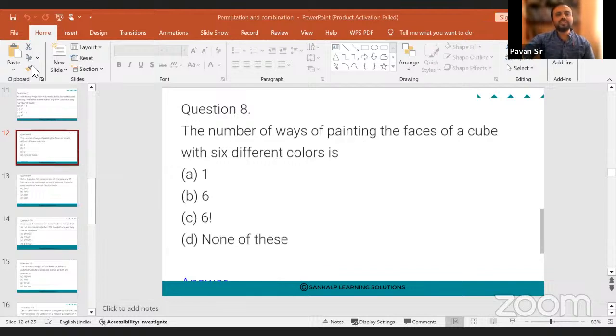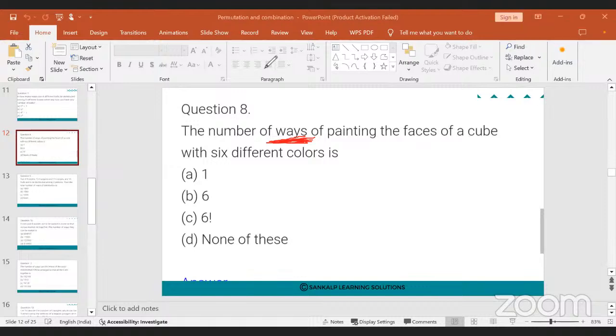The number of ways of painting the faces of a cube with 6 different colors is what? Number of ways, this is the important thing. How many ways can we paint the faces of the cube with 6 different colors? Option A is 1, option B is 6, option C is 6 factorial, D is none of these. Try to get the answer fast.